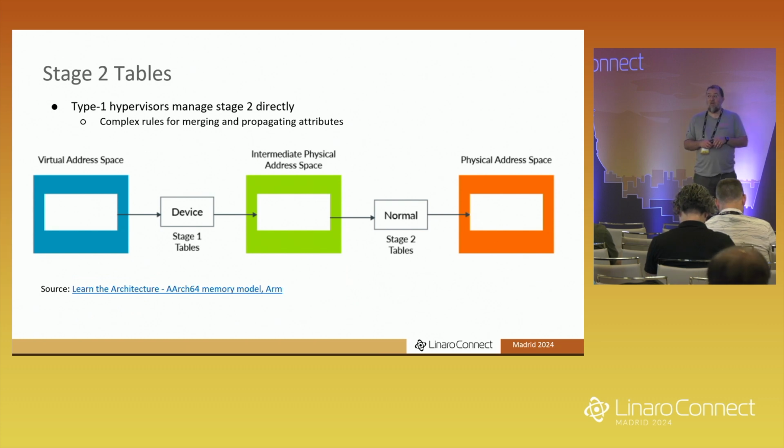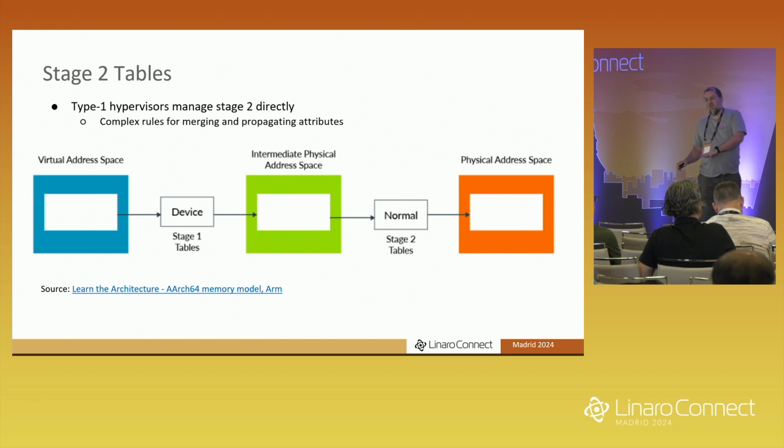Another challenge that we've come across is the way that hypervisor page tables are managed. In a type 2 hypervisor like KVM, obviously KVM has complete control of the system. It's able to make sure that stage 1 mappings done in EL1 and stage 2 mappings done at EL2 are all consistent and in sync. But in a type 1 hypervisor, they're very much handled by separate domains.